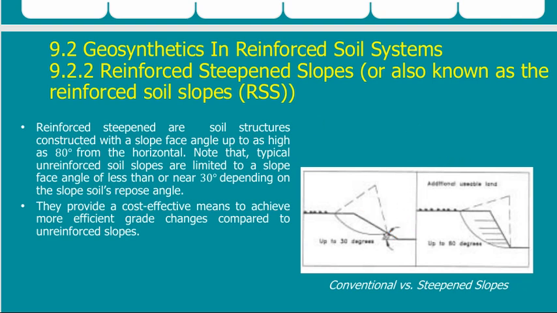I can just use reinforcement here. But of course this applies to slopes that are constructed, not existing slopes. So during construction I can put layers of reinforcement here. These are all layers of reinforcement. So these layers will prevent any slope failure that would happen.